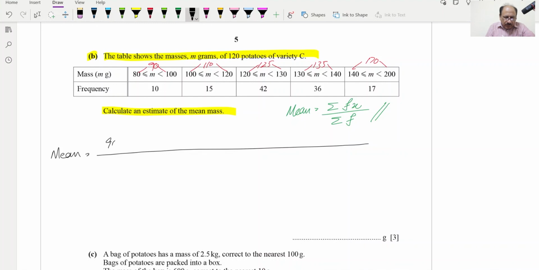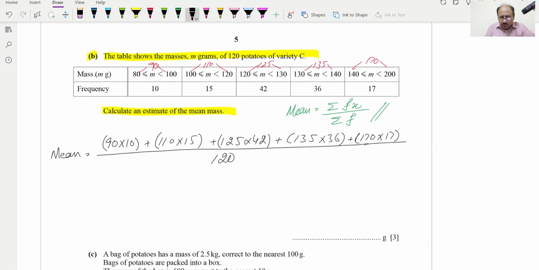So this will be 90 multiplied by 10 plus 110 multiplied by 15 plus 125 multiplied by 42. Frequency we are multiplying with the mid range, so plus 135 into 36, and lastly 170 multiplied by 17, and the total is 120.